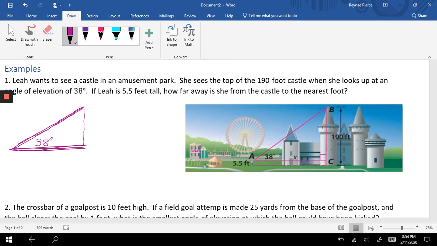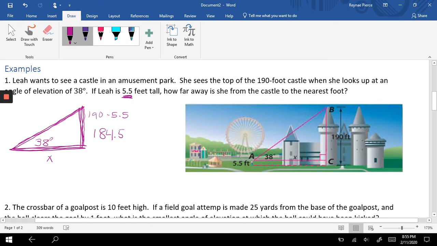Okay, here, to find that vertical height, since it's specified that she's 5.5 feet tall, we're going to take that 5.5 feet away from the 190 to get 184.5 feet, and we are wanting to know how far away from the castle she is.